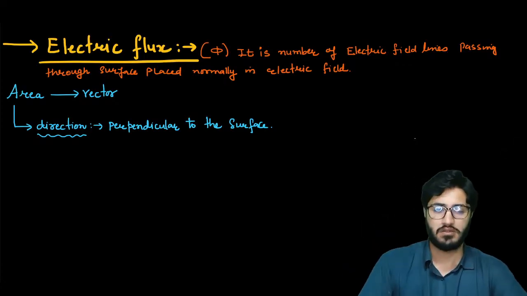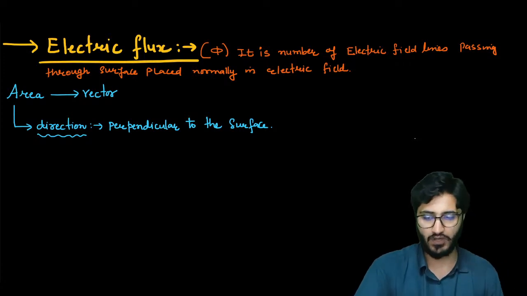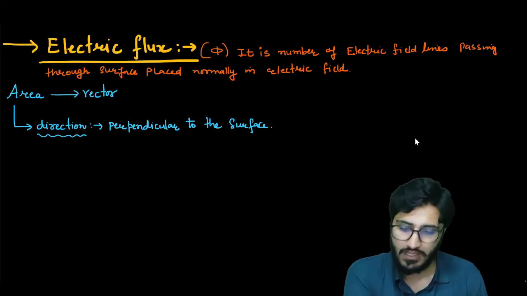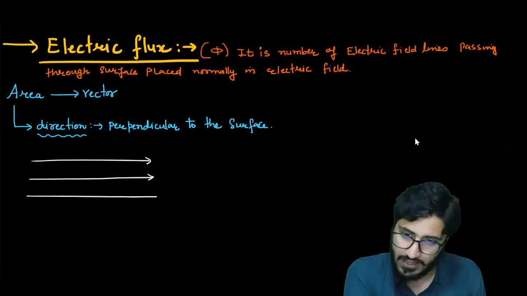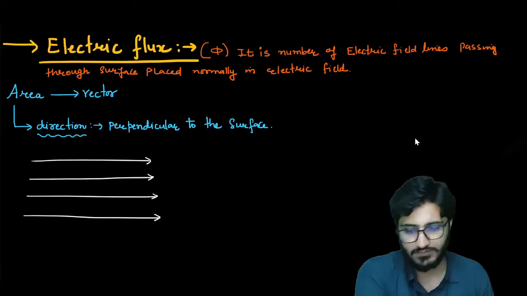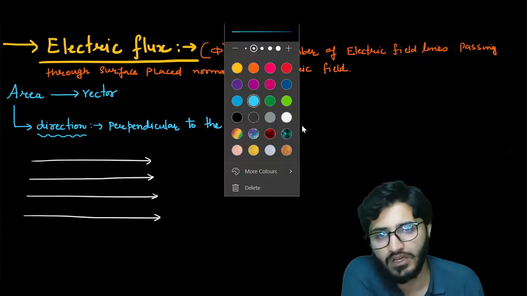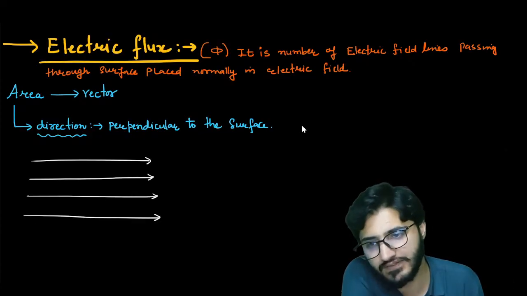The meaning of this line is, look, if these lines represent my electric field lines, and here we have an area. This is my area.